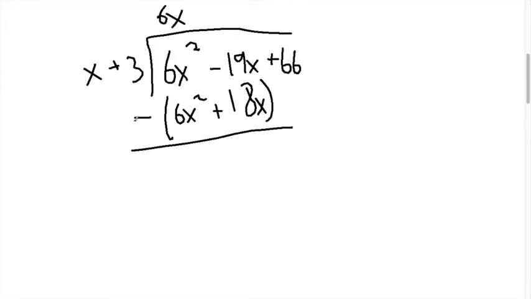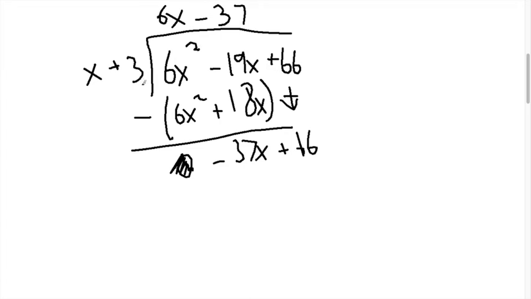which when you solve after distributing the negative, gives you 0, which you disregard, and this would give you minus 37x. Once again, we bring down the plus 66 and keep going. So x goes into minus 37x minus 37 times.